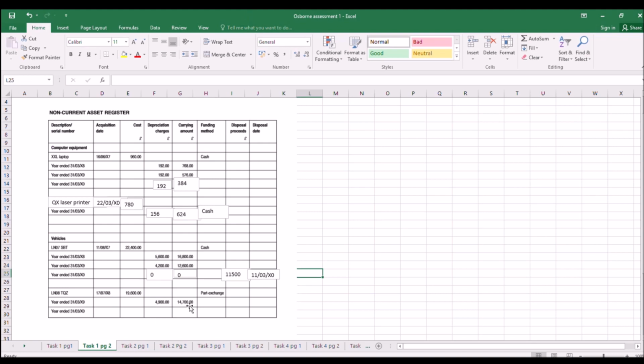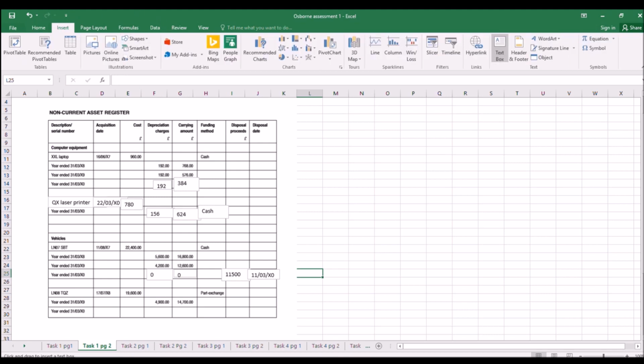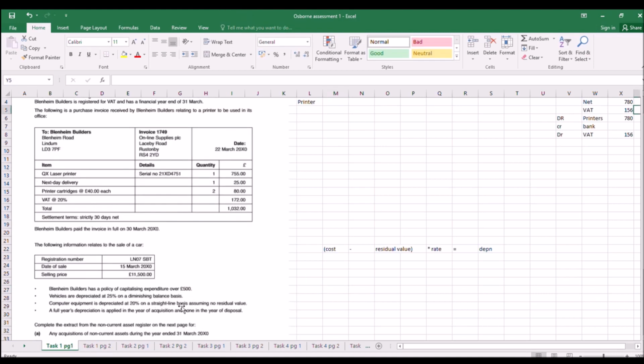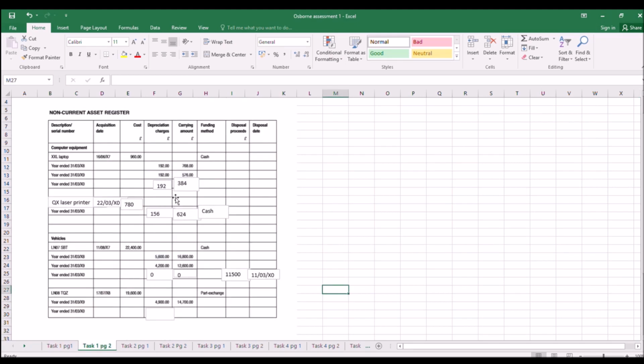Okay, and then we've got this last one in here, which is just going to be another year's worth of depreciation for this item. So we've already depreciated it 4,900 in the previous year. Oh, actually, no, hang on a second. Let's just slow down a second here. Let's have a look at that one. Note, vehicles are depreciated at 25% on diminishing balance. So that's what we're being lured into here. That was straight line, where you'll always have the exact same amount of depreciation each year.